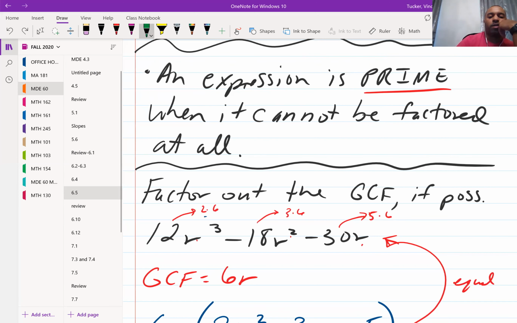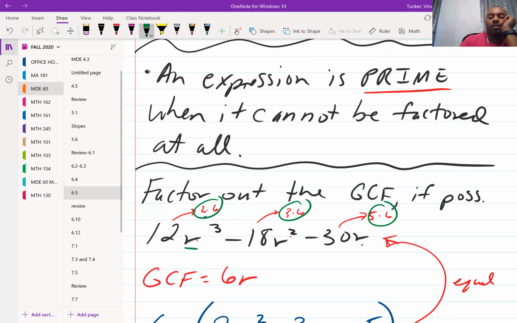When you look at all three numbers, 12 is 2 times 6, 18 is 3 times 6, 30 is 5 times 6. So we know that we can pull 6 out of each one of those numbers.